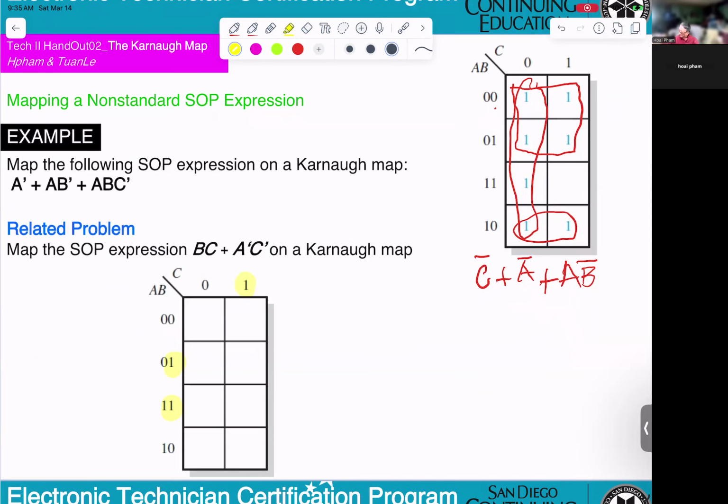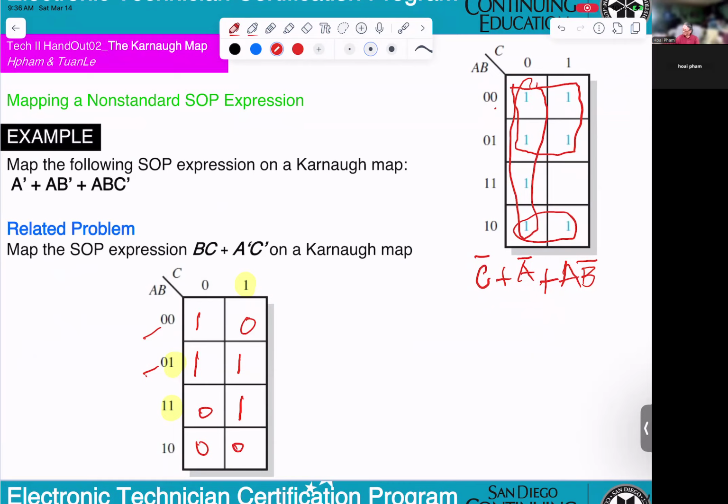Now you can get B, C, not A, not C. You can see not A right here, not A, not A, and not C, not C, not C. So the rest will be 0.